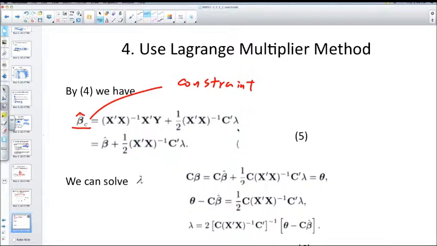And the final result, based on the calculation we have, is the original beta hat. That's the solution without the constraint. Without the constraint, and then you add this matrix. Well, from the original equation, we can solve this matrix and put it all together.